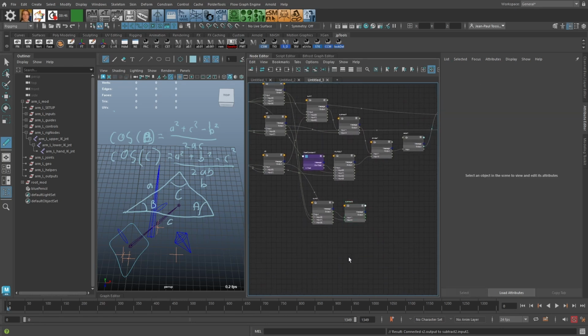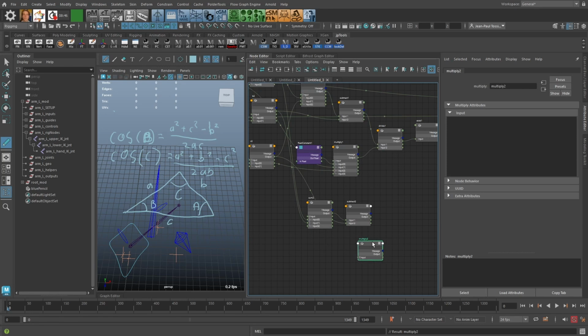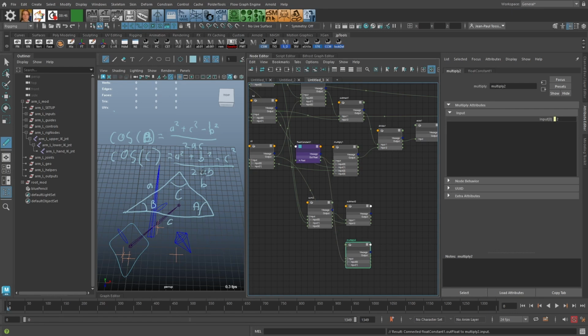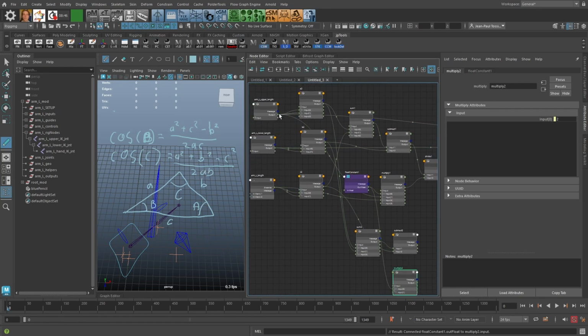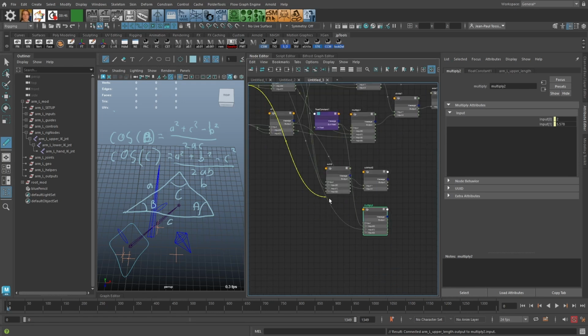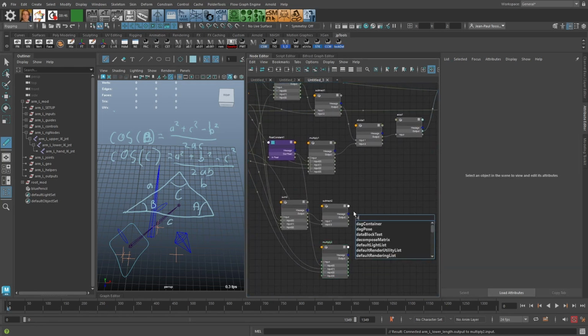So again we create a multiply node, and then we reuse the float 2 value, and then we add the a and the b, the upper and the lower, and then we divide them.